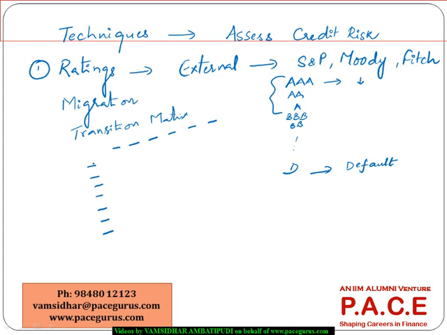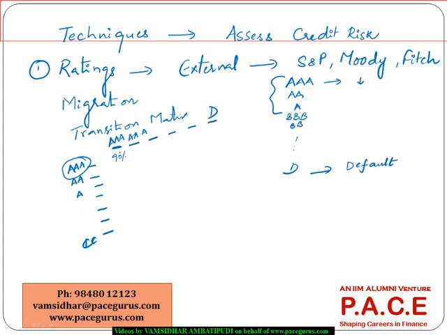Now, let's say this I call AAA, AA. Probably this I call double C or C. Here also I'll put AAA, AA, and probably let's say I'll go up to default here. How many firms which were having AAA rating at the beginning of the year ended up at AAA rating at the end of the year, let's say 90%.